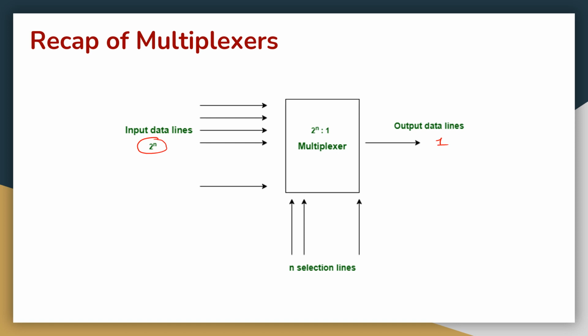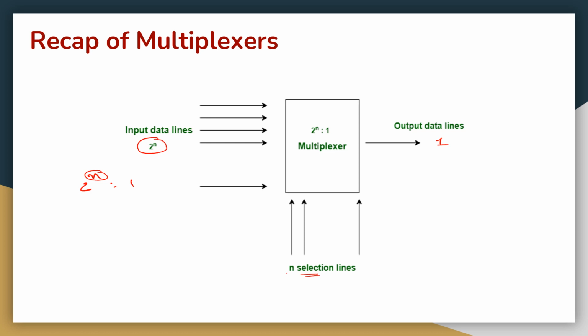The number of selection lines is n. Therefore, this type of multiplexer we call 2 power n to 1. Based on the selection line values, the corresponding input is processed. That is the concept of multiplexers.